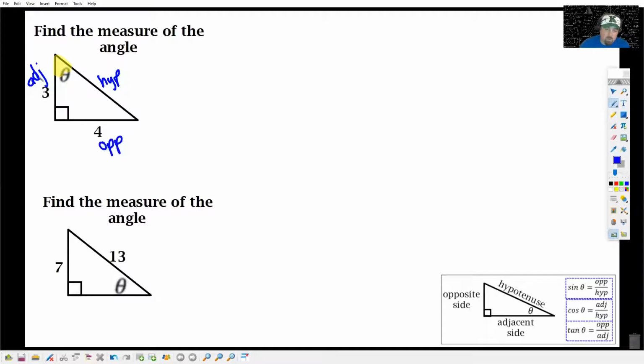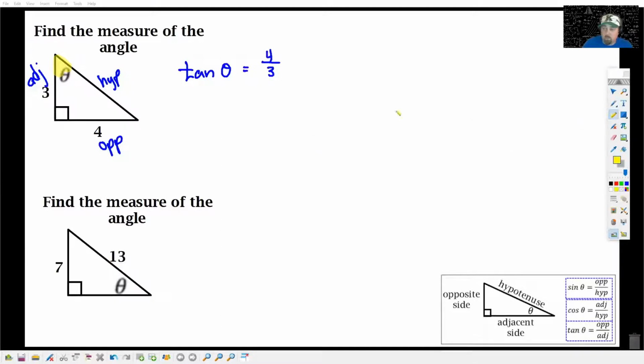So the numbers we're given, we're given the adjacent and the opposite. Adjacent and the opposite tell me that I need to use the tangent function. So tangent of this angle theta is going to equal the opposite over the adjacent. The opposite is the 4, the adjacent is the 3.